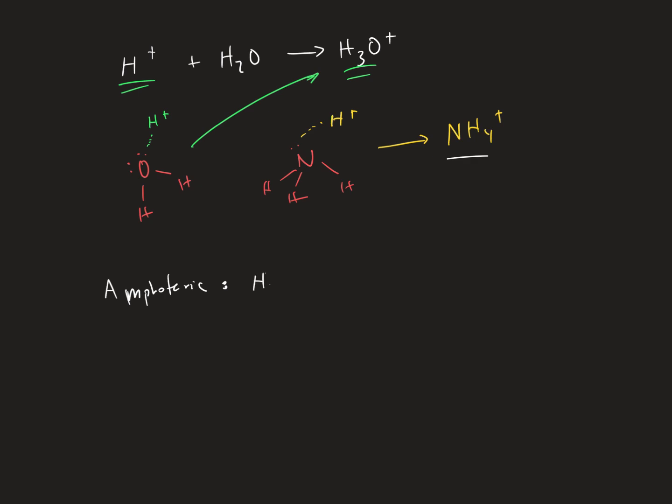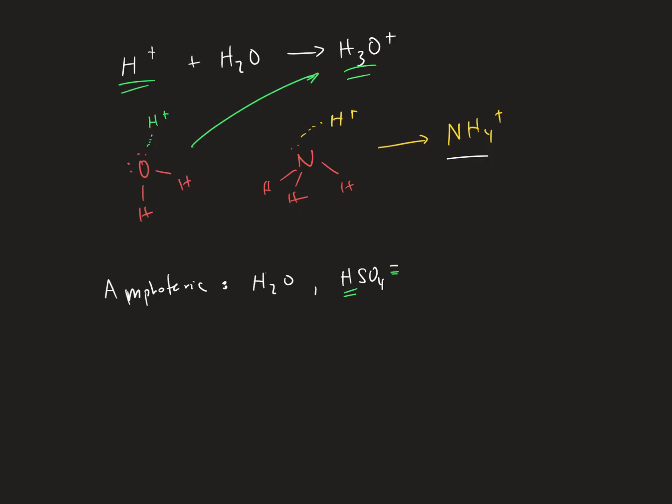So the examples are H2O. We could have HSO4 minus. It's an acid because it has an extra H plus there that it could donate. And it's a base because it doesn't have an OH in there. Remember, OH is the Arrhenius definition of a base.